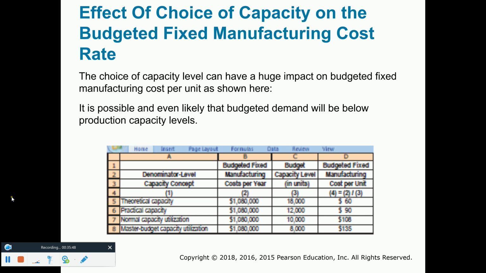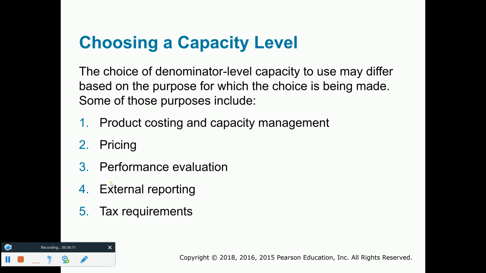Typically, for financial statement purposes, we would use normal capacity utilization, but certainly this is something that a company needs to take a look at. But for financial reporting, normal capacity is typically used. So choosing a capacity level, like I said, it depends on what we're looking at.